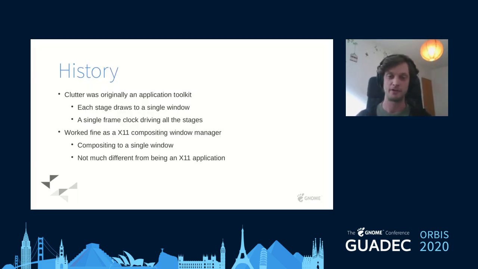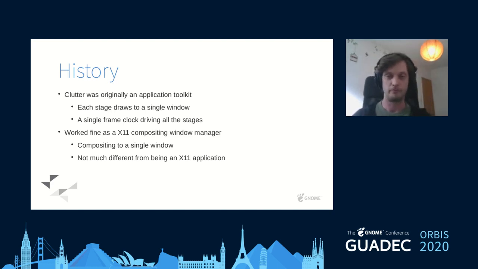So first, a bit of history of how it looked before. Clutter, as you all know, started out as an application toolkit. Every application would create one or more stages, which more or less is the same as a window, and we would have a single frame clock that drove the animation of all these windows in a kind of monotonic way.